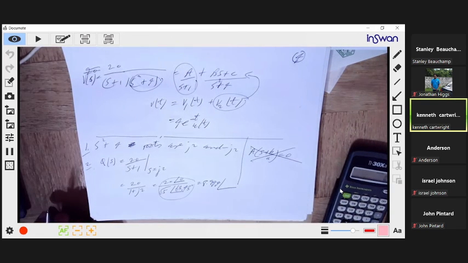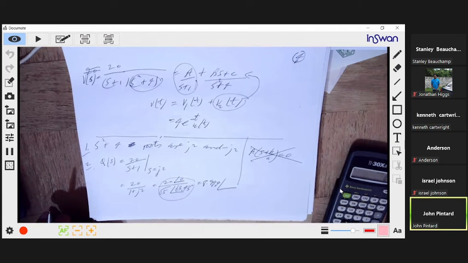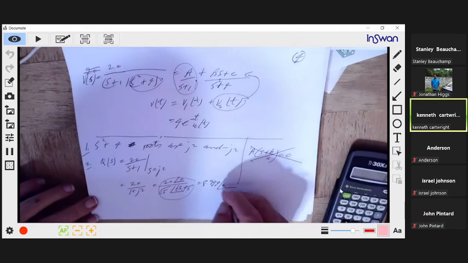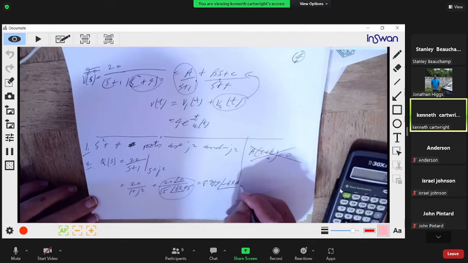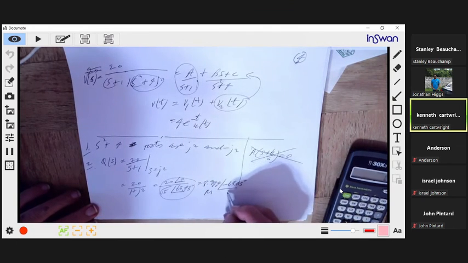So does that help? Minus 63.43. Negative 63.43. Yes. So this is M, and this is theta.